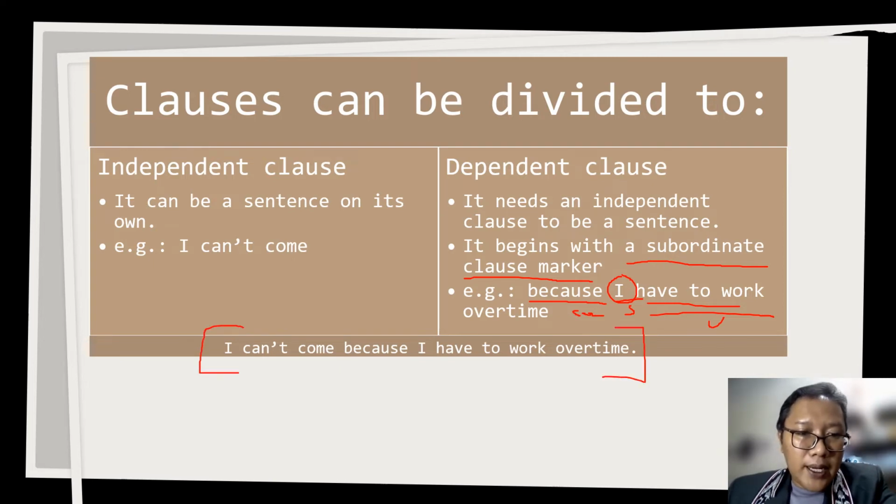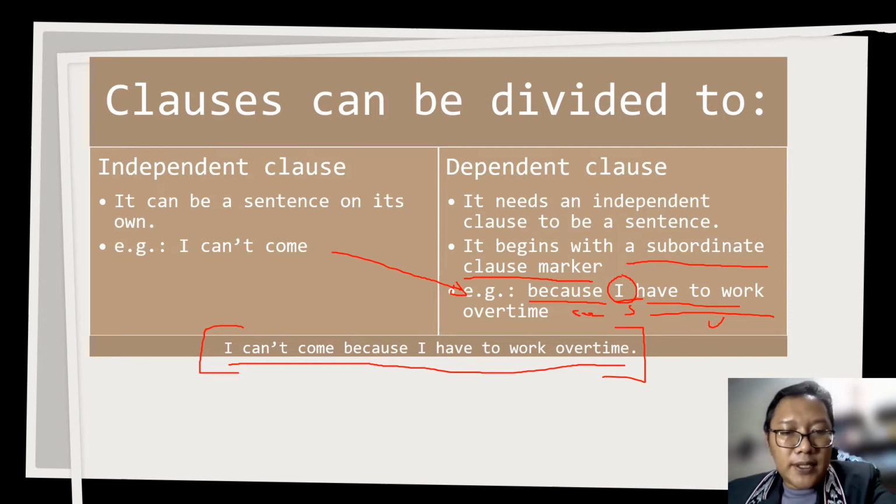If we combine I can't come with this, because I have to work overtime, we have this sentence which is complete: I can't come because I have to work overtime. The meaning is complete. Independent clause, dependent clause. The combination of independent clause and dependent clause will make a sentence. An independent clause can be a sentence itself. However, dependent clause cannot be a sentence.